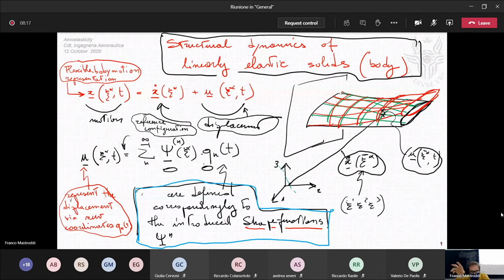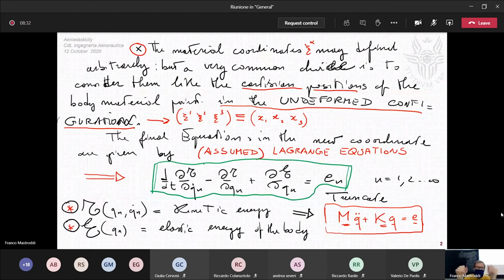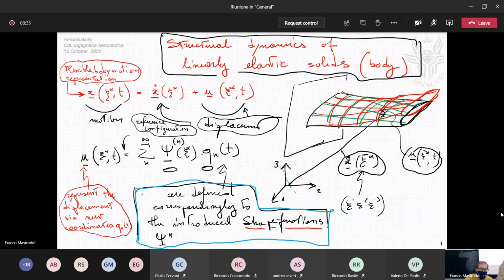Now I want to focus on a very standard choice for these shape functions and corresponding coordinates, which is typical of the finite element discretization. However, before introducing this discretization for psi, I want for a second to suspend this discussion on the psi function and related qn coordinates, and suppose we know these functions and coordinates.